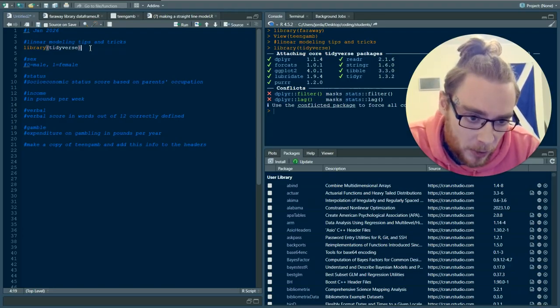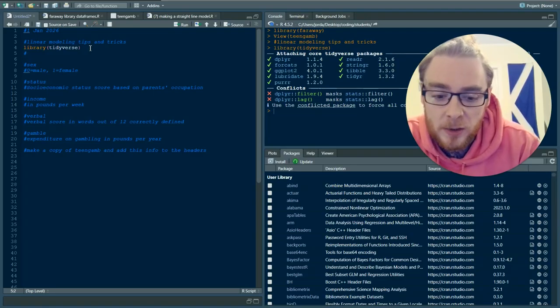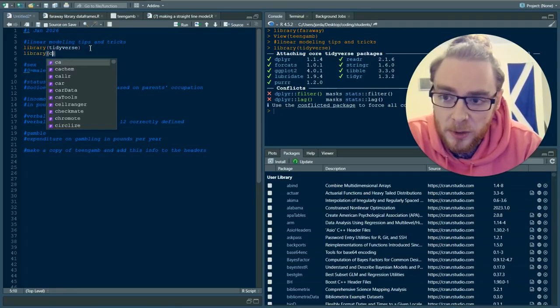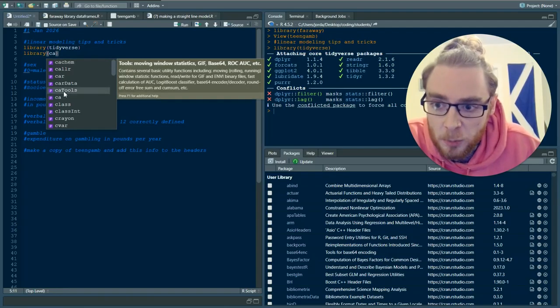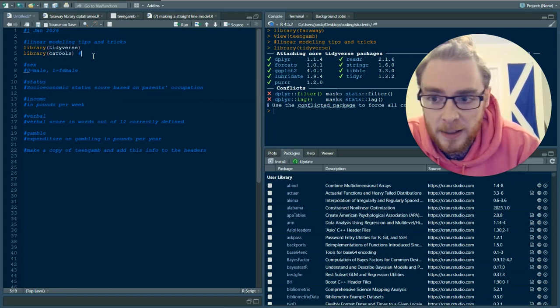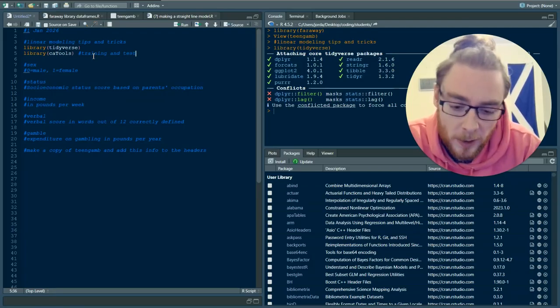So firstly, find out what your units are. First tip, first trick. We're going to use a couple of libraries here, so obviously this needs to be outside of hashtags. Let's do caTools. I use this one for splitting data into testing and training data sets. And don't worry, that might not make much sense at the moment, but it will when we're about to make a model.